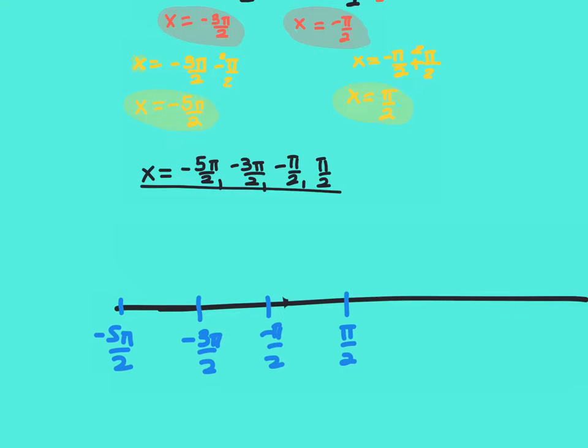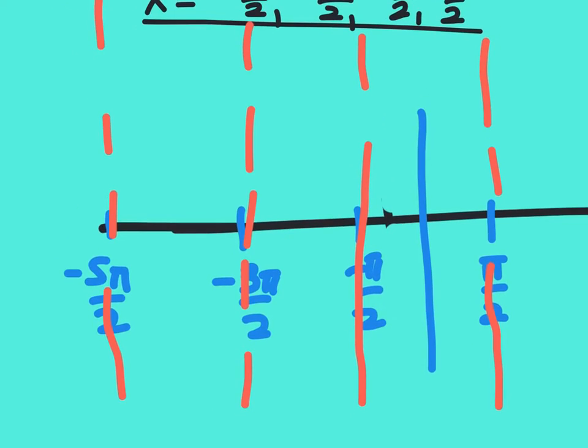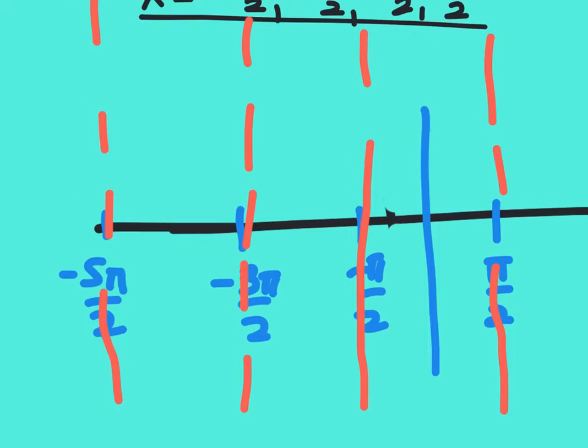So you draw your vertical dashed lines through there. And then I need to find the point halfway between each asymptote. So halfway between negative 2.5 and negative 1.5 would be negative 2 pi. Halfway between negative 1.5 and negative 0.5 would be negative pi. Halfway between negative pi over 2 and positive pi over 2 would be 0.